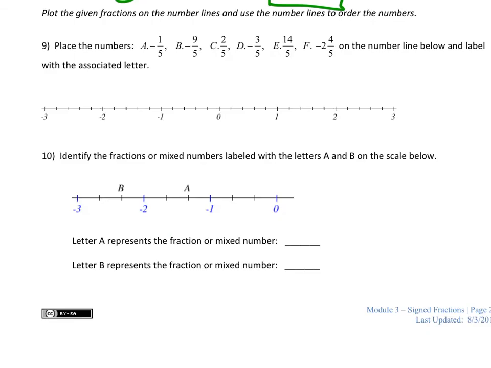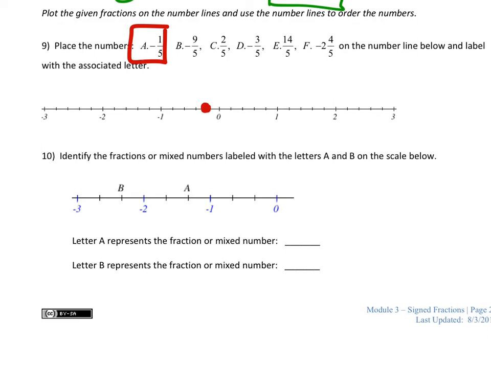Number 9, place the numbers on the number line below and label them with the letter. Okay, so on this, we can see that between each whole value, 0 and 1, 0, negative 1, doesn't matter, these have all been split up into fifths because we got 1, 2, 3, 4, 5 parts separating each of the whole values there. So when we look at negative 1/5 for A, this would be negative 1/5 right here.